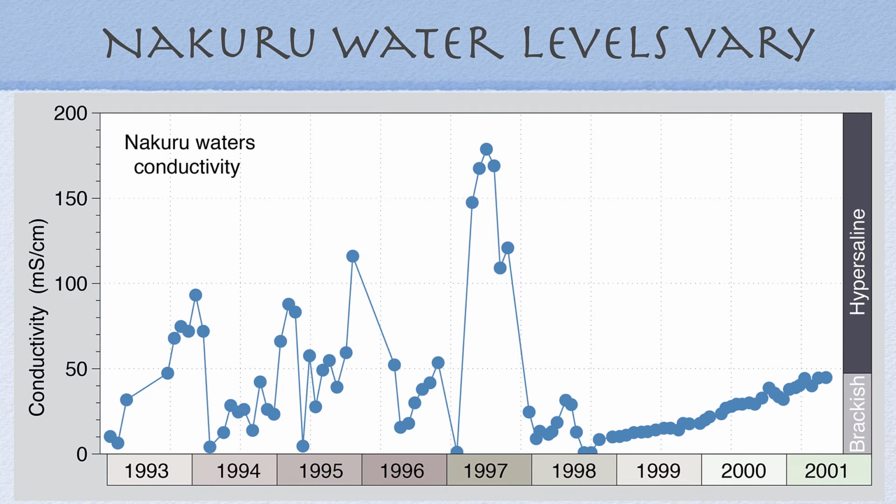In the late 90s, 97, salinities were quite high in the lake, but then the lake passed into a system in 99 and onwards when salinities were quite low.